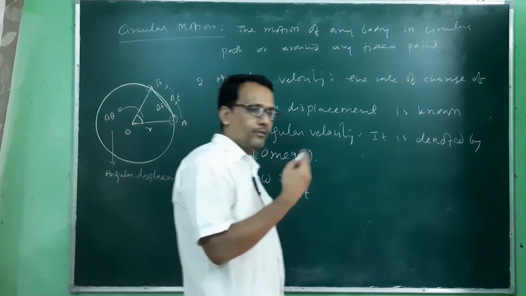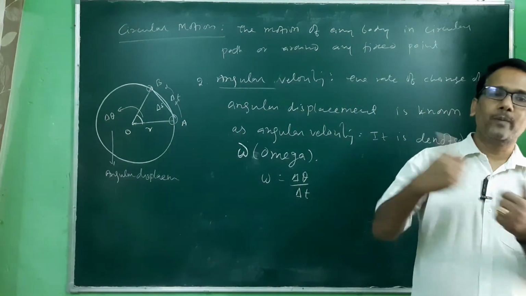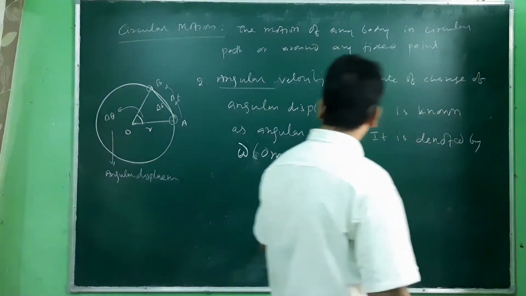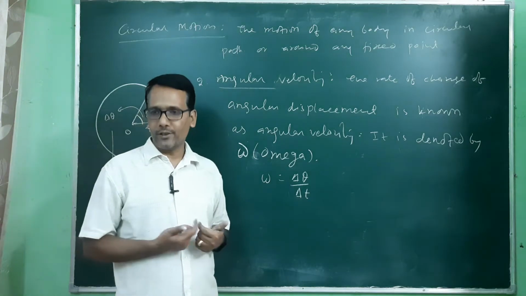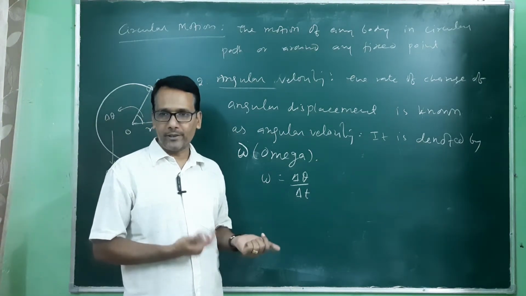Basically, the average velocity v is equal to v2 minus v1 by t2 minus t1. Similarly, delta theta can be taken as theta 2 minus theta 1, by t2 minus t1.